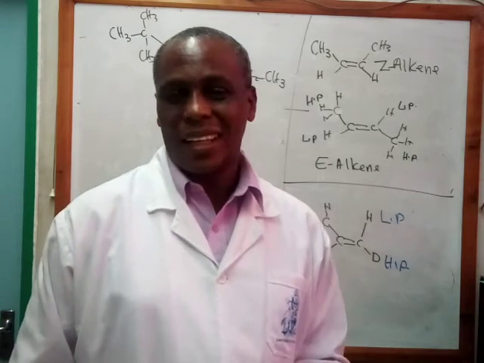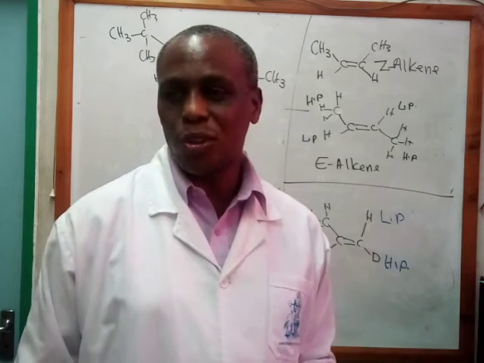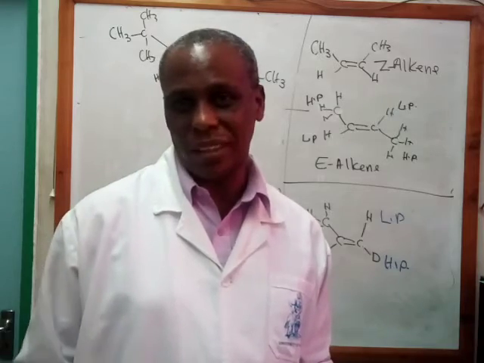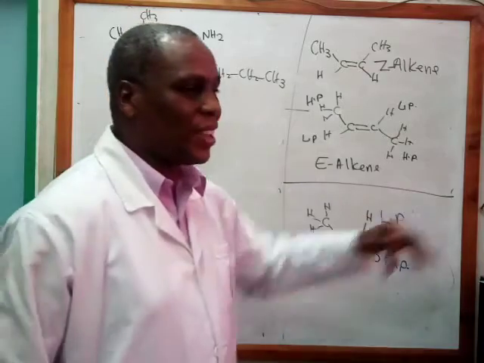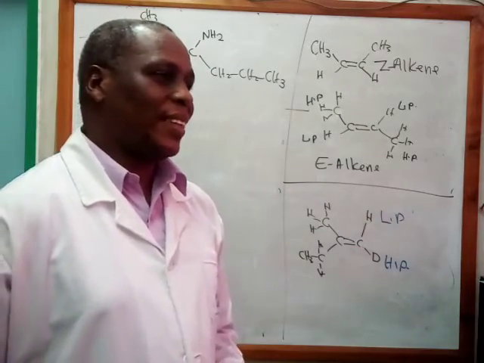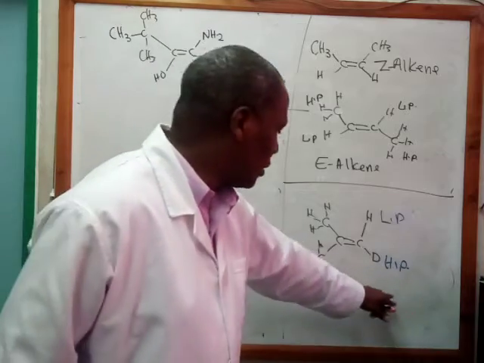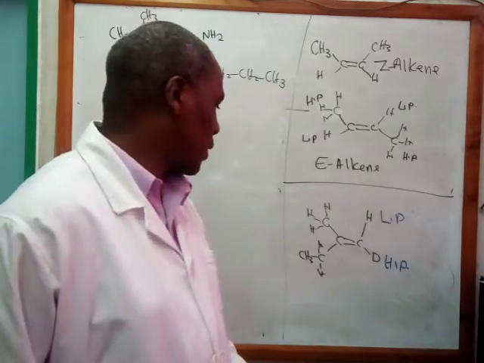Phosphorus, and also chlorine. Yeah, chlorine 35 and chlorine 37. You are aware of that, yeah? So for all of these isotopes, the isotope with the higher mass is said to be high priority, and the one with the lower mass will be said to be low priority.